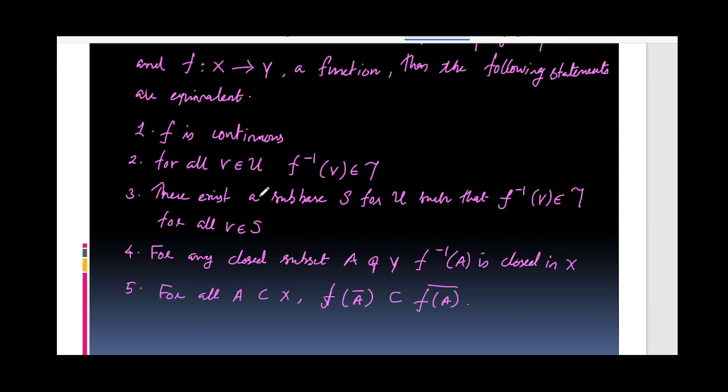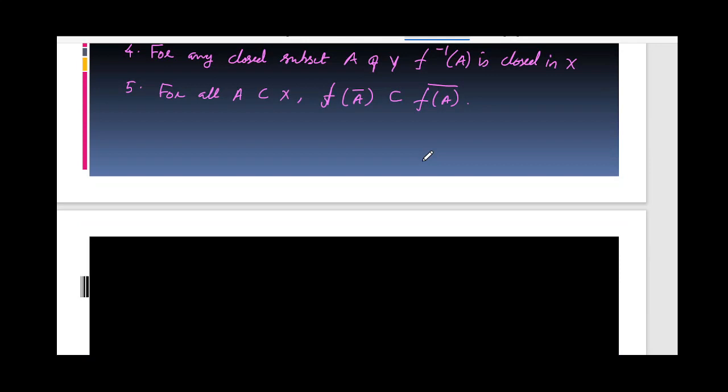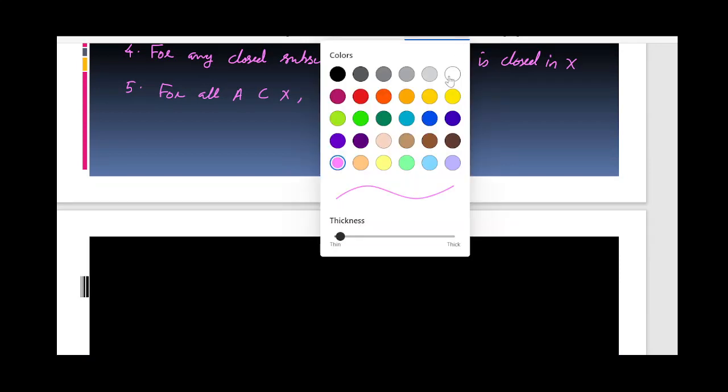Or else, if V is an open set, then its inverse image is also an open set. So proof, 1 implies 2 we will prove.